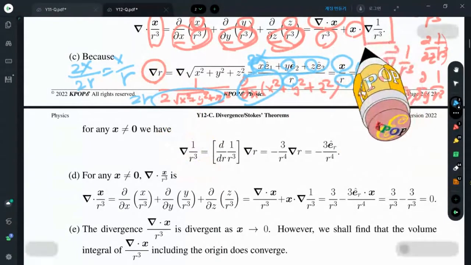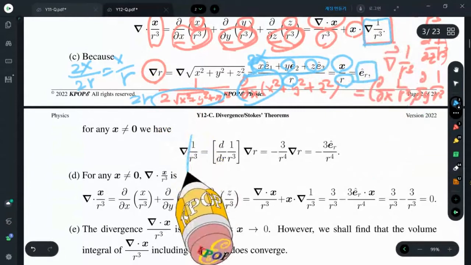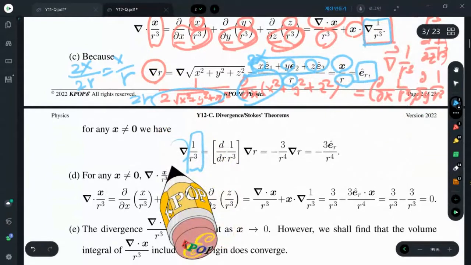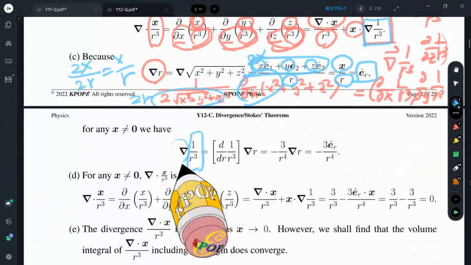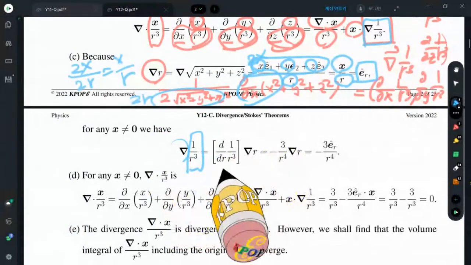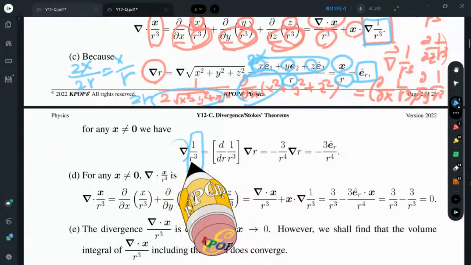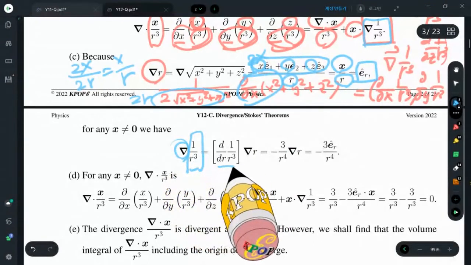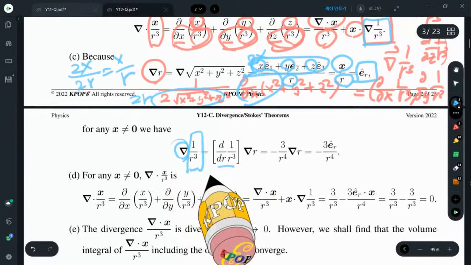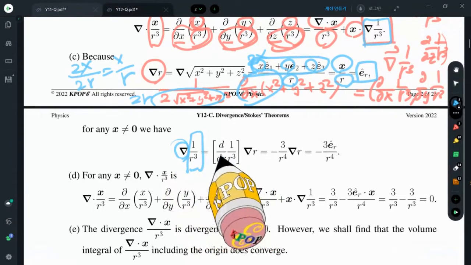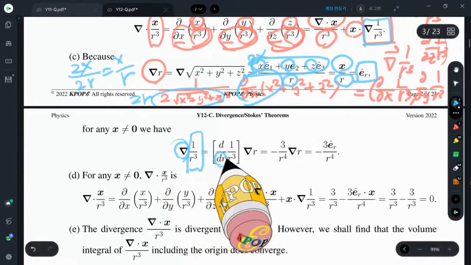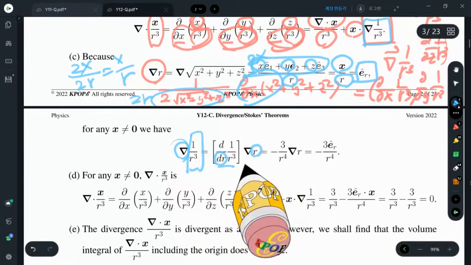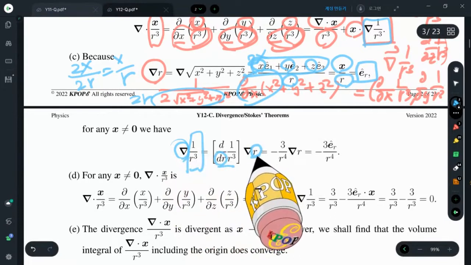Next, we compute this, the gradient of 1 over r cubed. Chain rule. Because it depends on the radius only, first take the derivative with respect to r and then take the gradient of r.